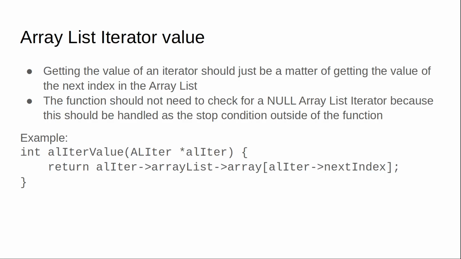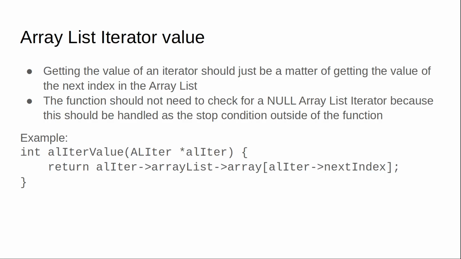And if you think about it, that makes sense, because if we did have to check for a null, what would we return in that case? Usually when we return a value from an iterator, we're returning the value at that location. We're returning a valid value.